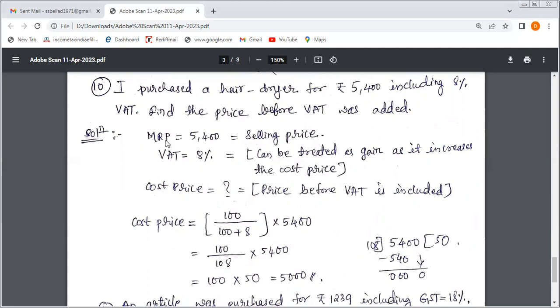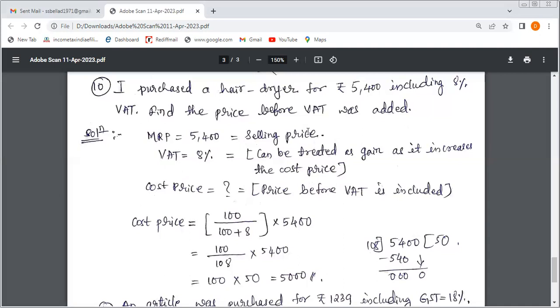So here, this 5,400 includes 8% VAT. Actually the discount is given on the marked price, so this 5,400 is the selling price, not the MRP.